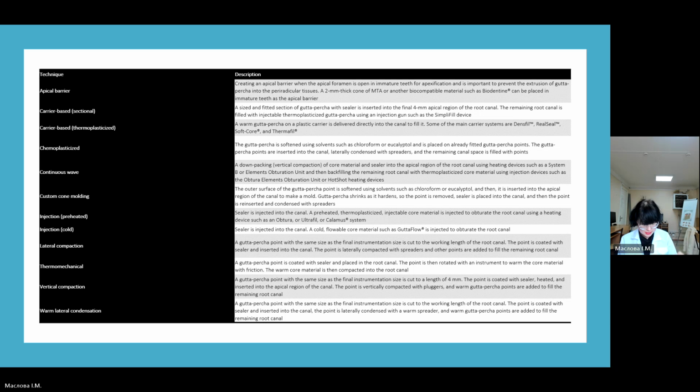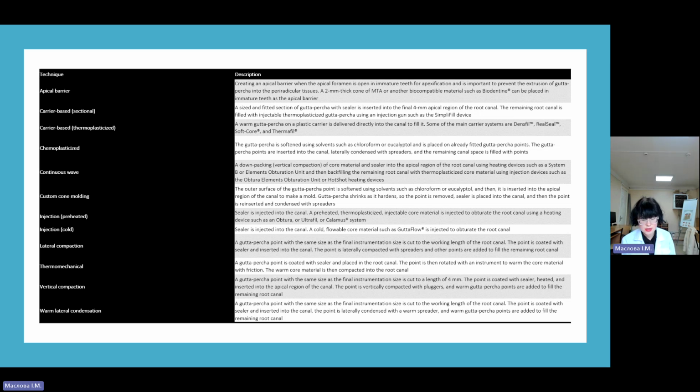It superseded the original AH 26, which became unpopular due to its release of formaldehyde, which reacted with the bismuth oxide in the preparation, leading to tooth and material discoloration.